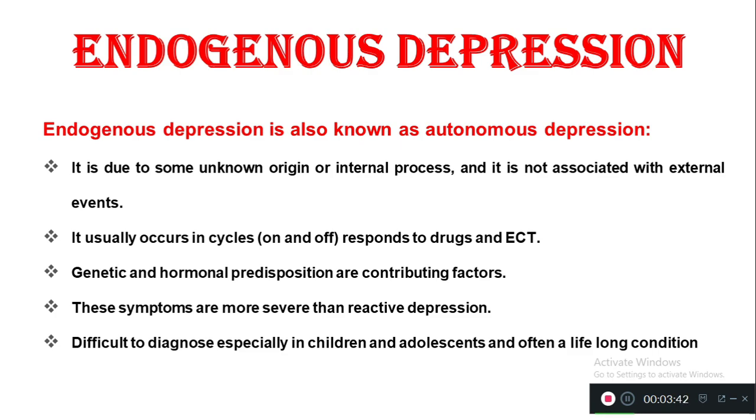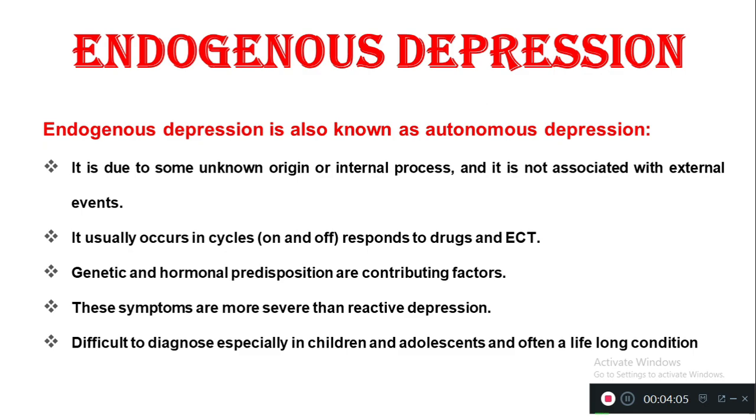It usually occurs in cycles, on and off. Sometimes the symptoms are present, sometimes the patient looks asymptomatic, and it does not respond to drugs and ECT. That is one of the main characteristic features of endogenous depression. Genetic and hormonal predisposition are contributing factors.